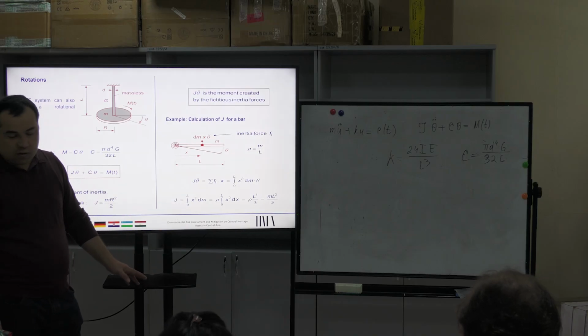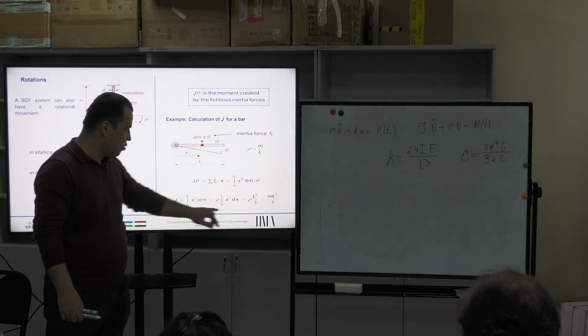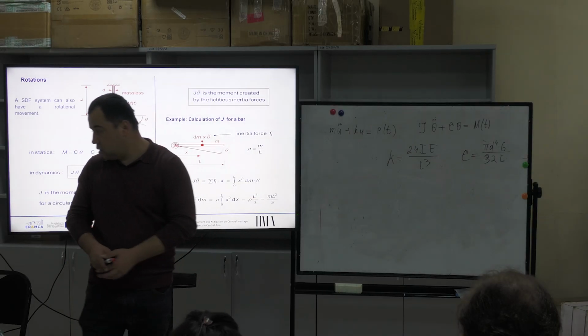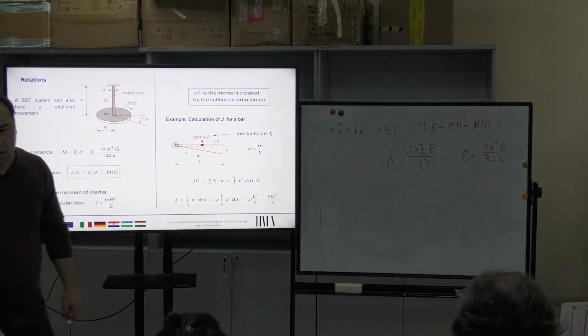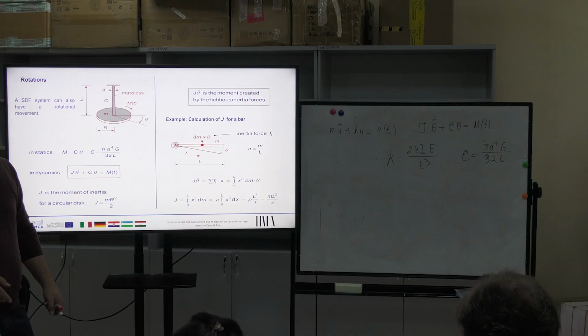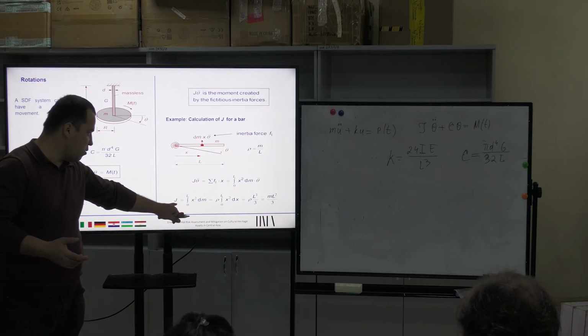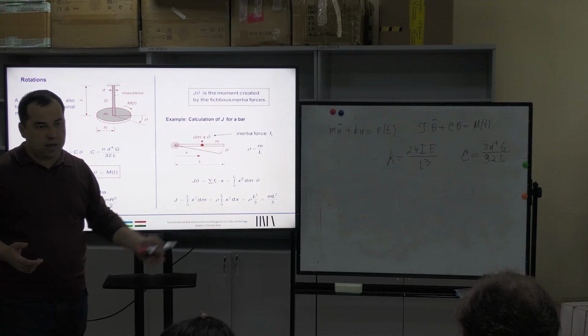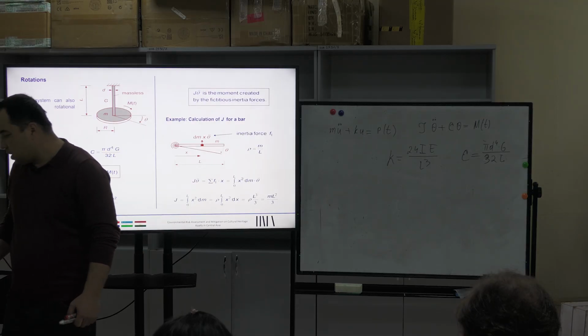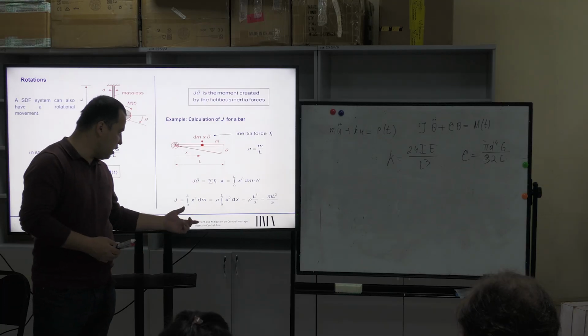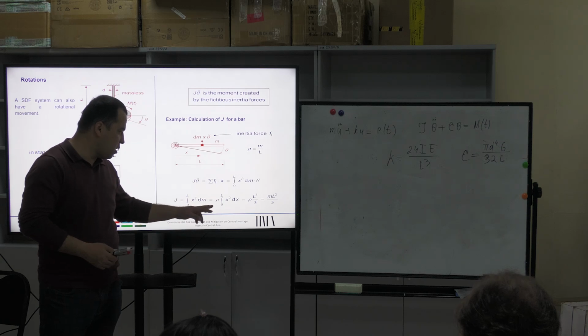You can find this from the internet for any other shape, put in some numbers if you want to calculate, find the moment of inertia from the shape, and make your calculations. Everything is derived from something like this.